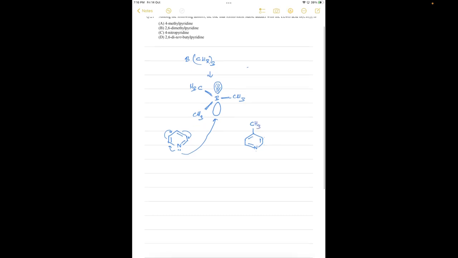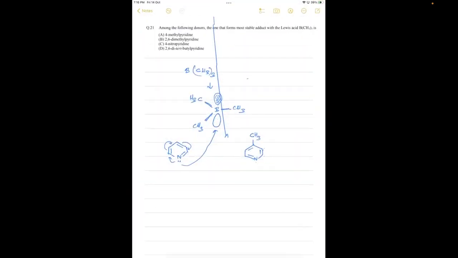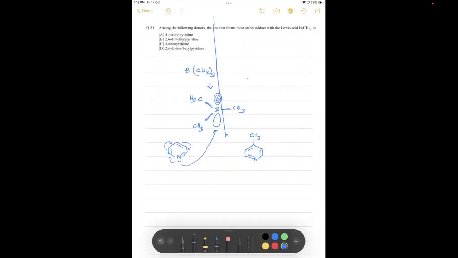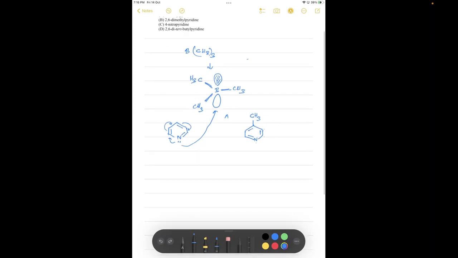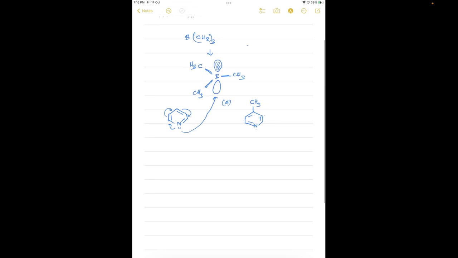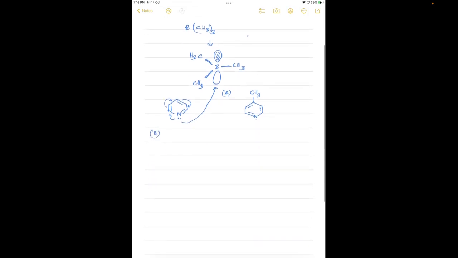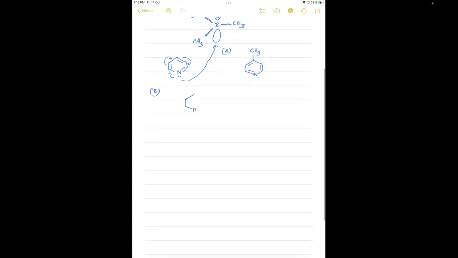So this is the structure of 4-methylpyridine, which is option A. Now option B is 2,6-dimethylpyridine, which is this: this is the 2 position and this is the 6 position.